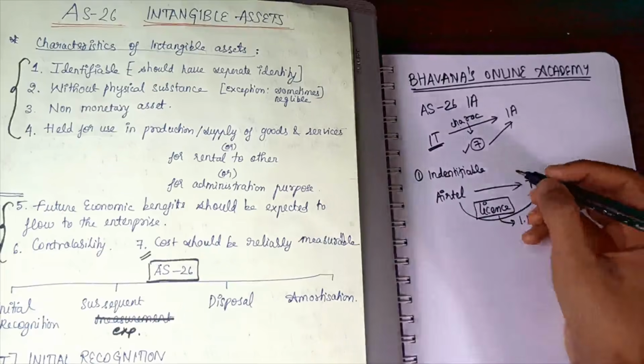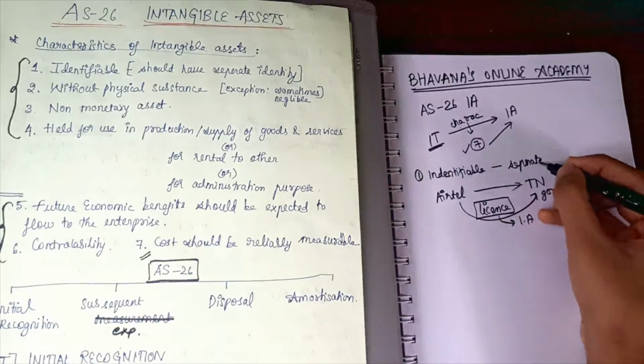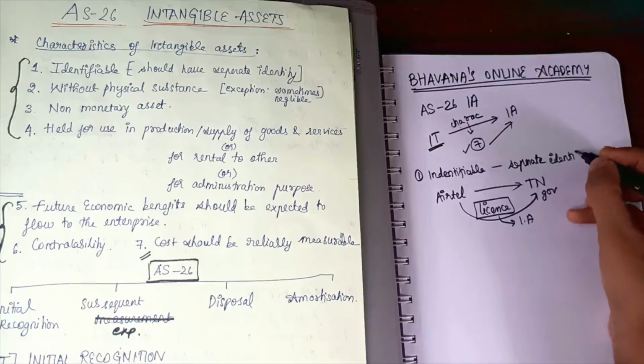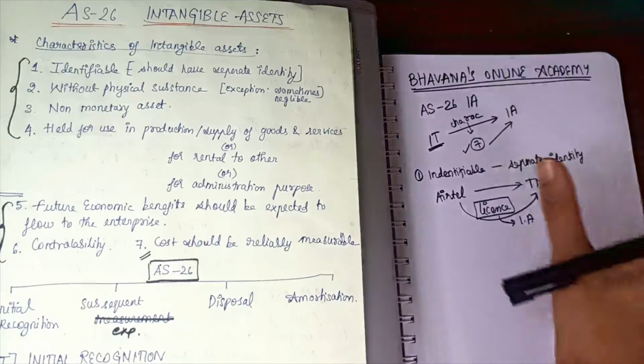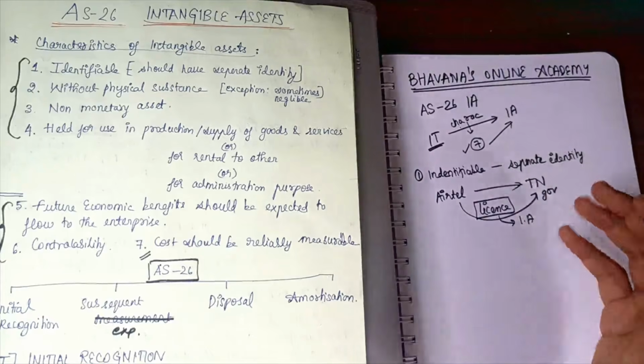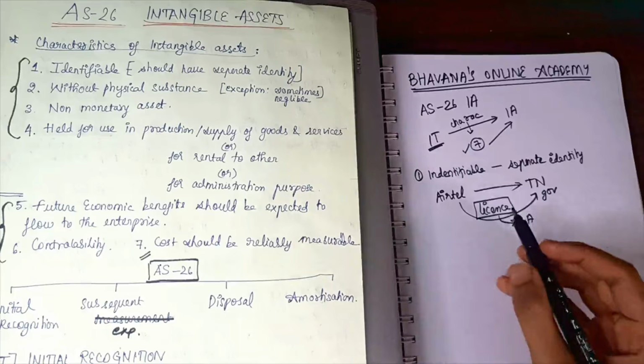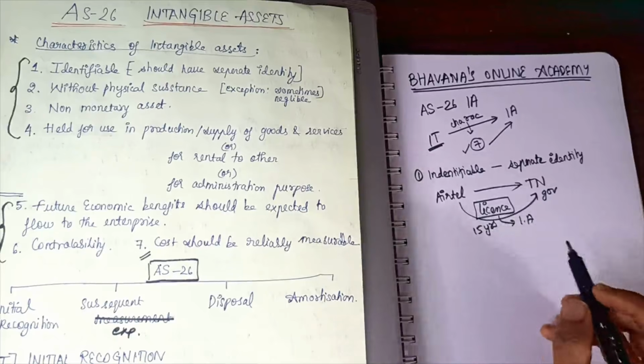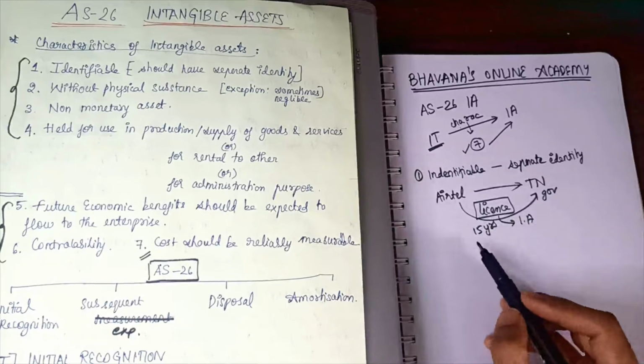For an intangible asset to be identifiable, it needs to have a separate identity. How do you create this separate identity? Suppose this license is given to Airtel for 15 years.